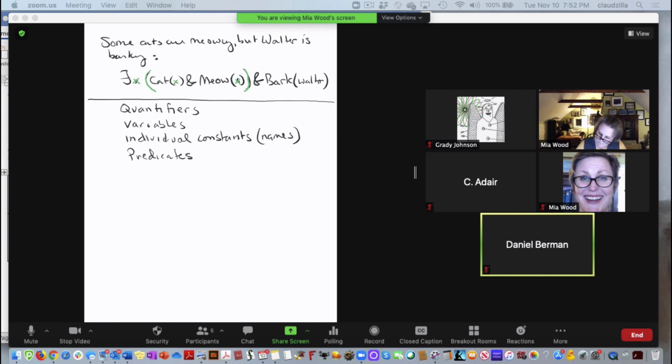Predicates. And then of course, if we also need them, we've got connectives. How are we doing? So far, so good?